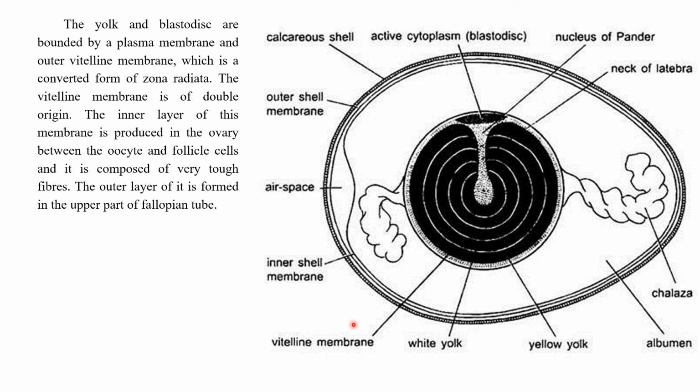So the outer and inner vitelline membranes have two different origins. The inner layer is formed from the ovary, and the outer layer is produced from the fallopian tube, while the egg is passing through the fallopian tube before it is being laid.